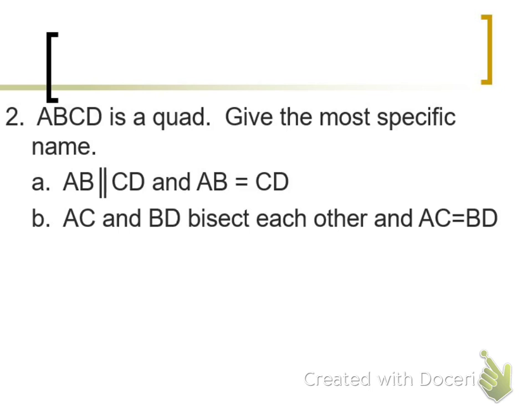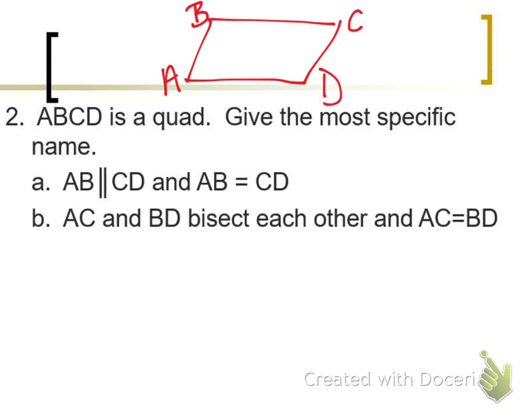On this next one, we have that AC and BD bisect each other, and that AC is equal to BD. So if we draw our quadrilateral again, A, B, C, D, what types of segments are AC and BD? Those are our diagonals.